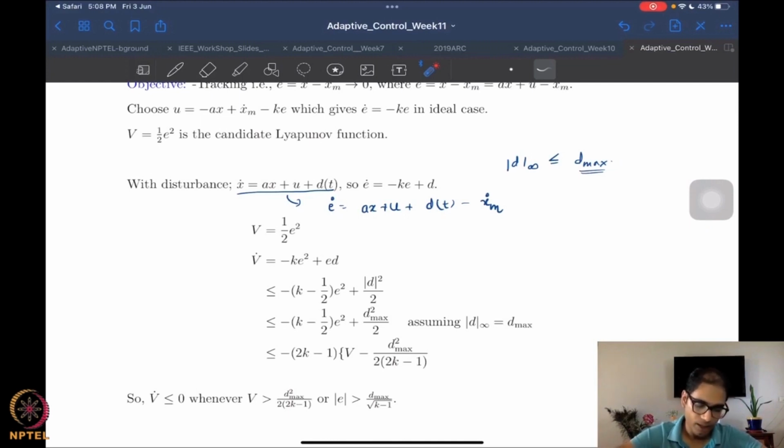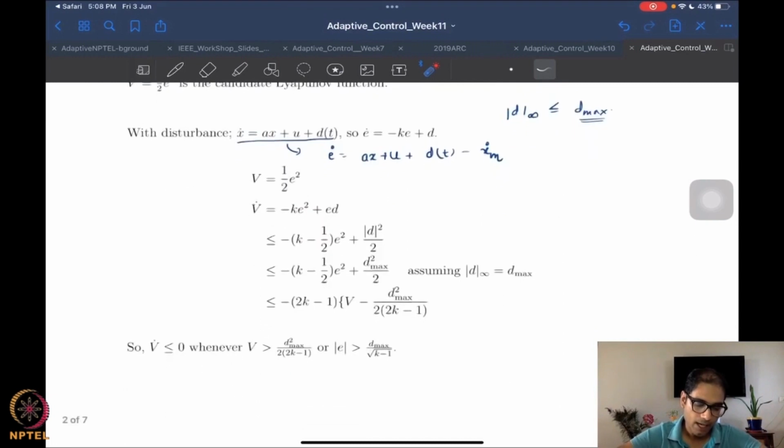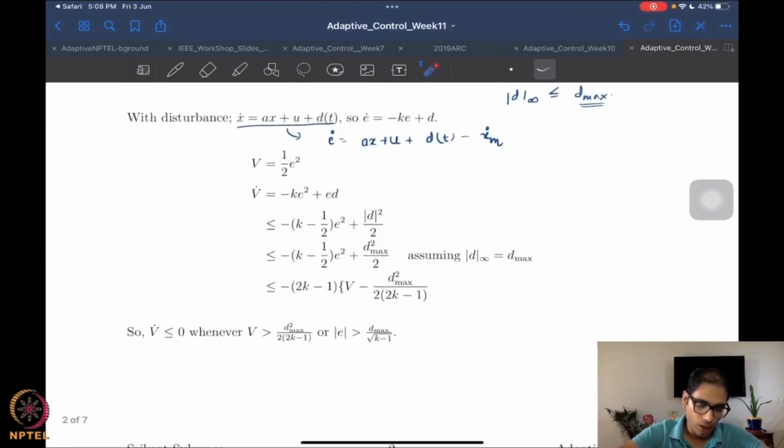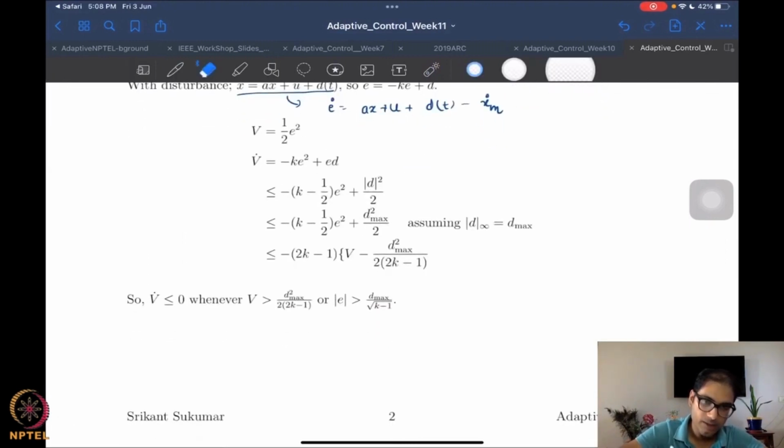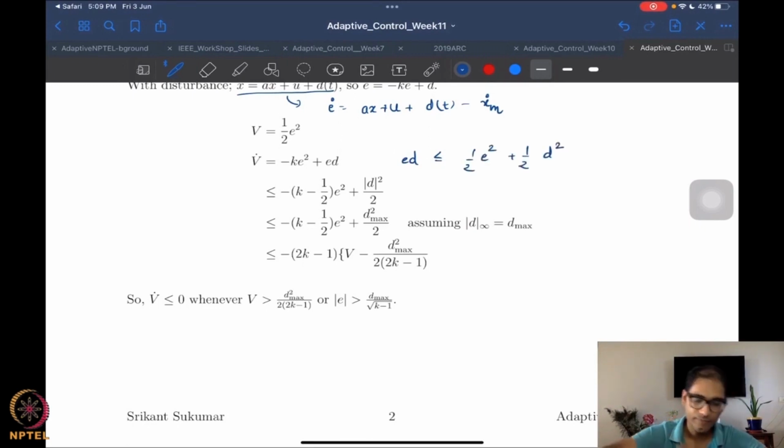The derivative is e times e dot, so it's just e times this term, and I get something like this. Now if I do a sum of squares, as usual I can do something better, but let me just use this: ed is less than or equal to half e squared plus half d squared.